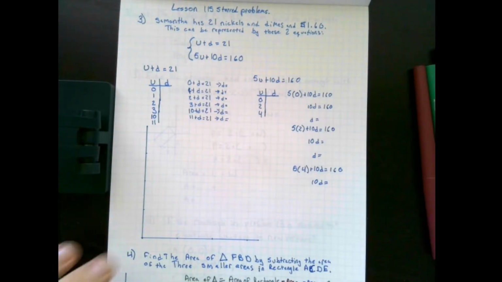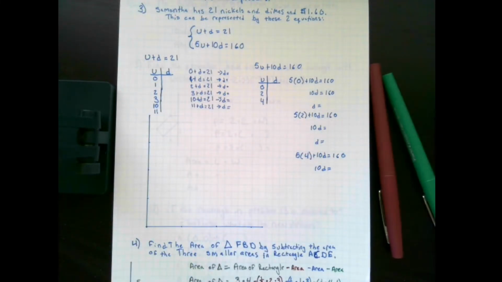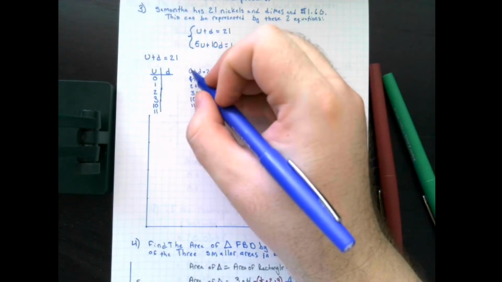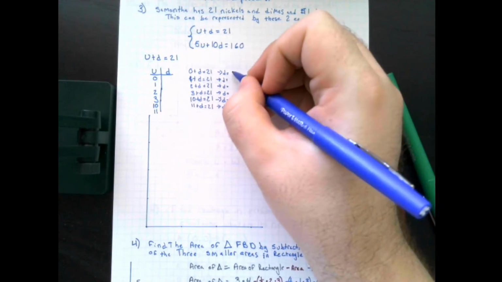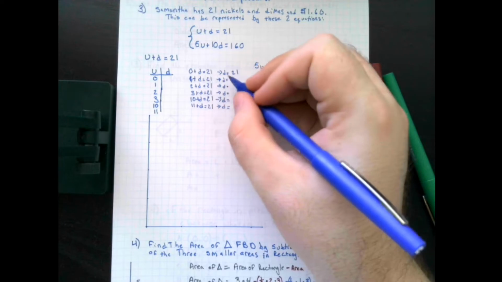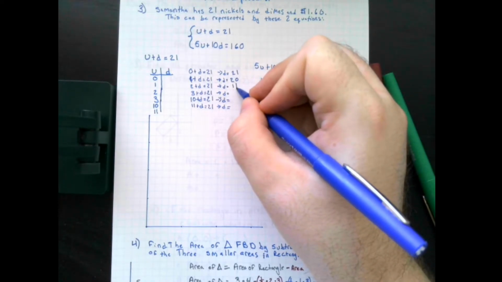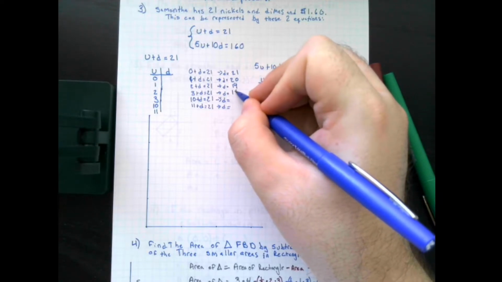Now, as we're going through this, if we create some charts, we're going to say that if we were to plug in 0 for U, well, if we have nothing plus D equals 21, then D is 21. If we have 1 plus D is 21, it'll be 1 less than 21, or 20. 2 less would be 19. 3 less would be 18.